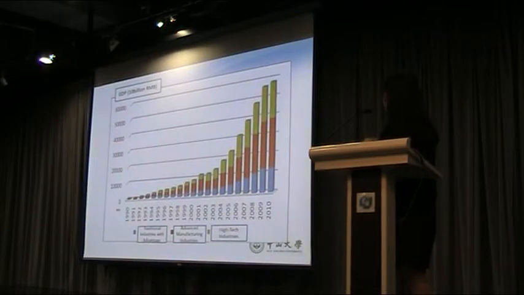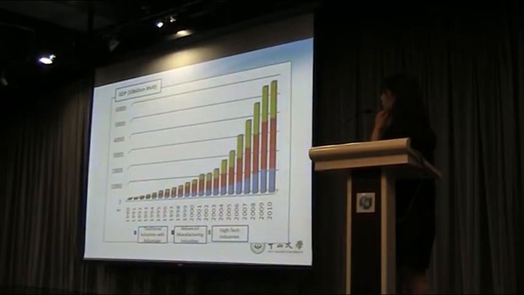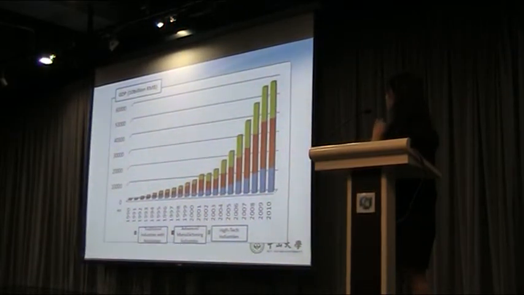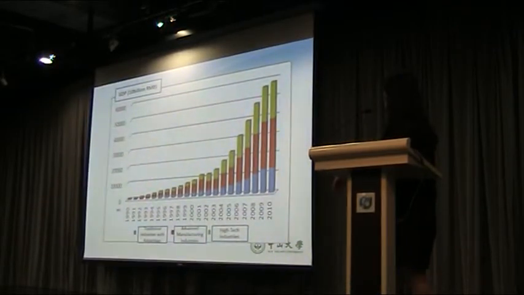Based on the Guangdong province industrial land use guidance, I divided the manufacturing industries into three categories. One is high-tech industries, which are more knowledge intensive. One is advanced manufacturing industries, which are more capital intensive.